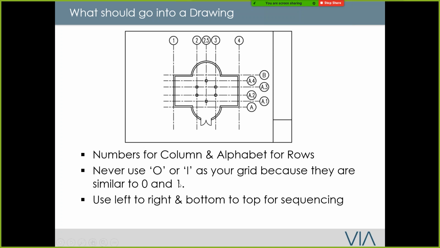Okay, and use left to right and bottom to top for sequencing. So if you're doing a grid, you go 1, 2, 3 from here, and then A going up. Sometimes I do see A going down. It really depends on where you started. If your property line starts at this corner, it always depends on where your starting point is supposed to be. In most cases it's usually on top or this bottom. So it makes sense why it goes from here to here, because this is where your origin point is supposed to be.